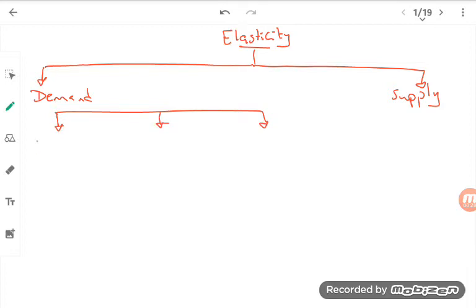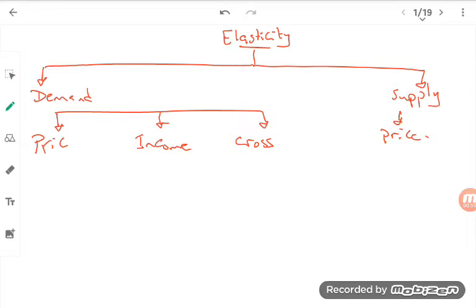Number one, price elasticity of demand. Number two, income elasticity of demand. And number three, cross elasticity of demand. With respect to supply, we are going to talk only about one type, which is price elasticity of supply.